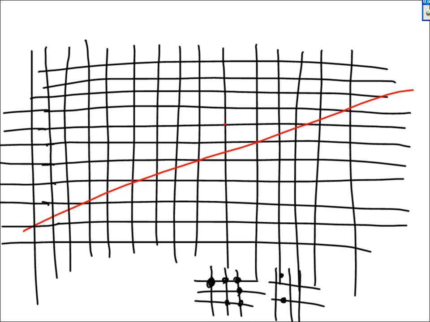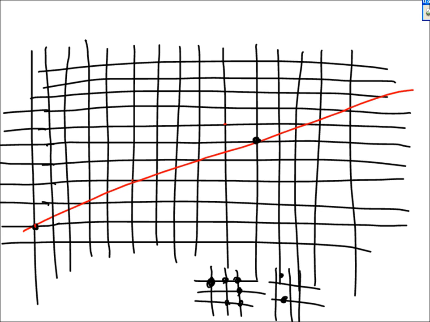This point right here is not a corner point. You pick corner points, like this point right here and this one right here. Those hit right on the corners. That way we can count nicely.